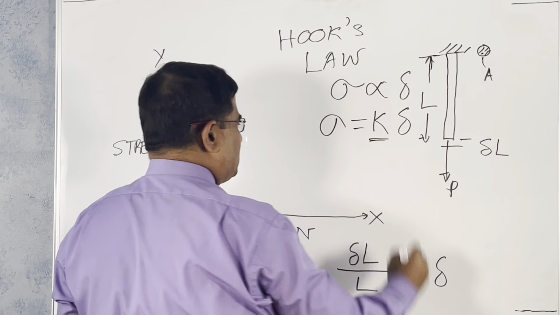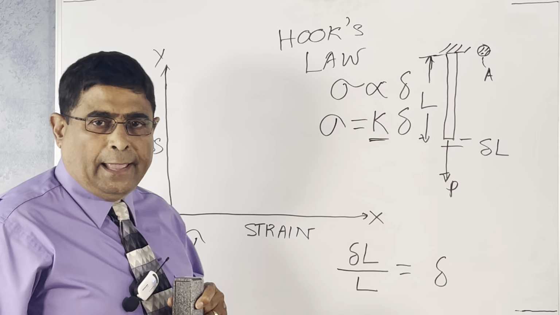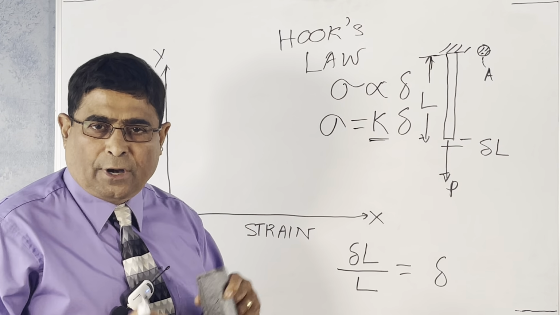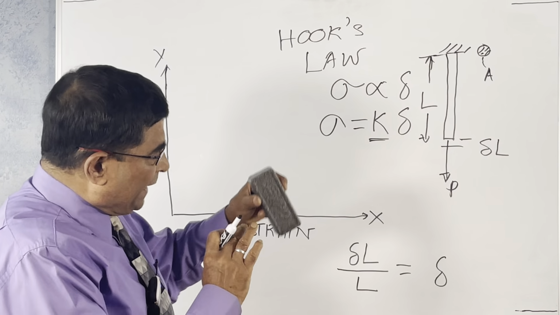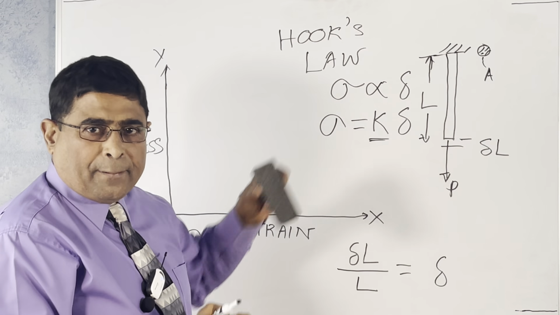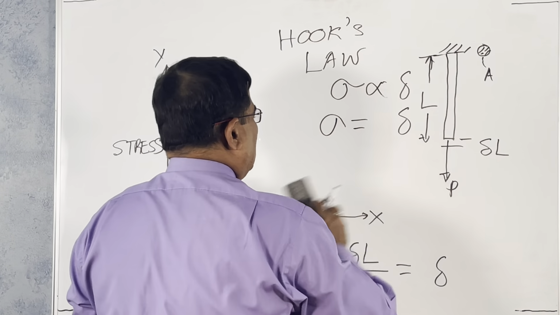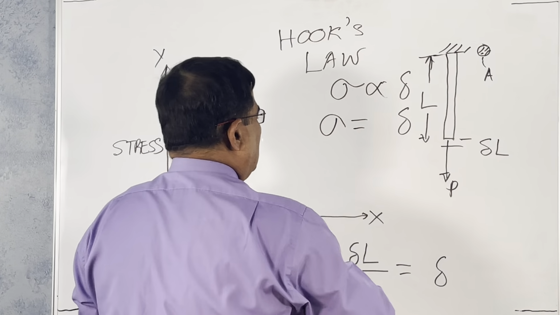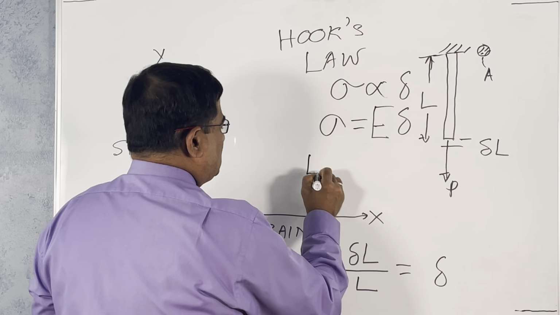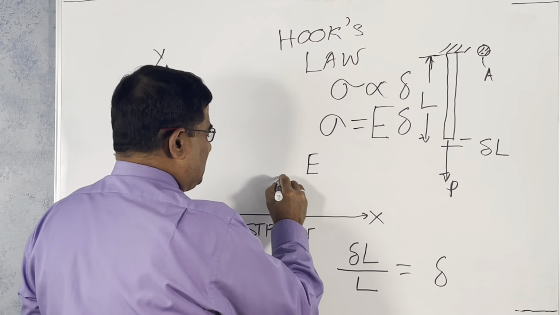K is the constant of proportionality, and for an axial member we call K as E. So E is the modulus of elasticity.